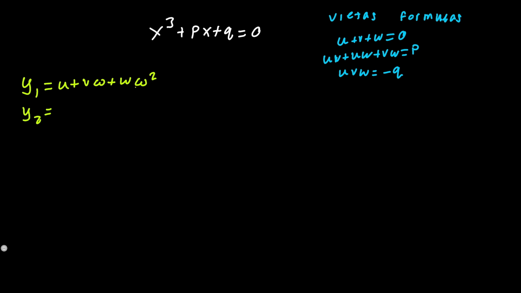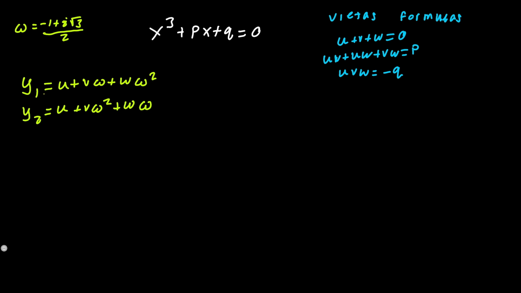Now to find the next root, we just swap the square with the omega. So we have u plus v omega squared plus w omega. The omega is simply the root of unity, negative 1 plus i root 3 over 2.